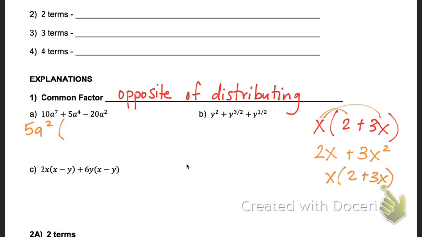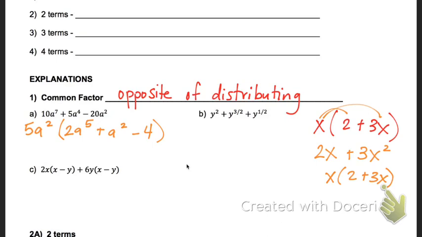Then I'm left with what? 2a to the 5th plus a squared minus 4. That's it? Yep, that's it. So in some examples, I cannot simplify this any further. I cannot factor the stuff in parentheses anymore because I have an a to the 5th power. That doesn't work. So I'm done.